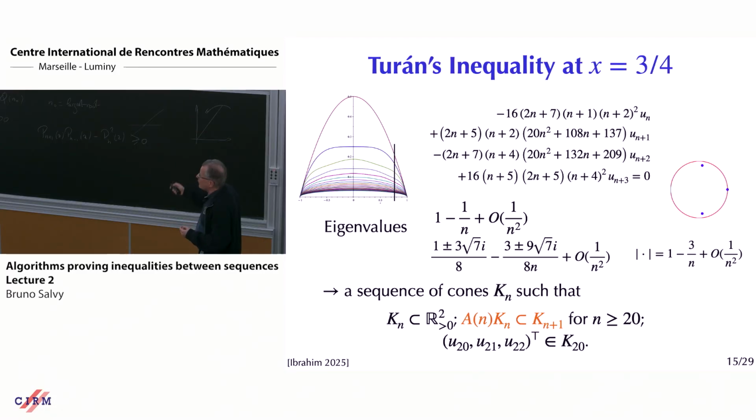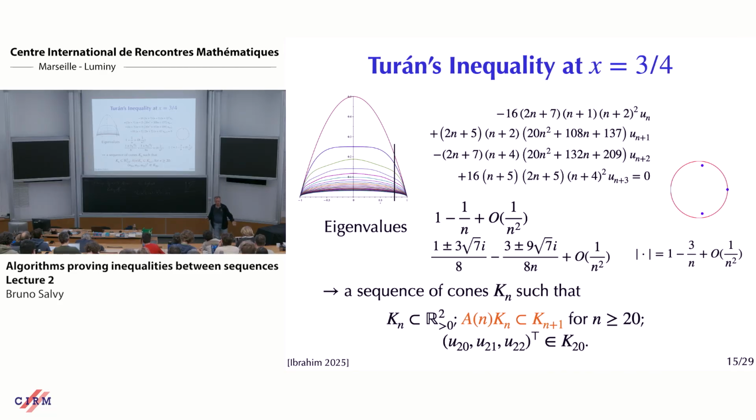And this is the picture. Again, I have to fix a value. For the moment, we don't know how to do it for arbitrary x, for parameterized x. So I take x equals 3/4. So this is the recurrence for this sequence, a recurrence of order 3.